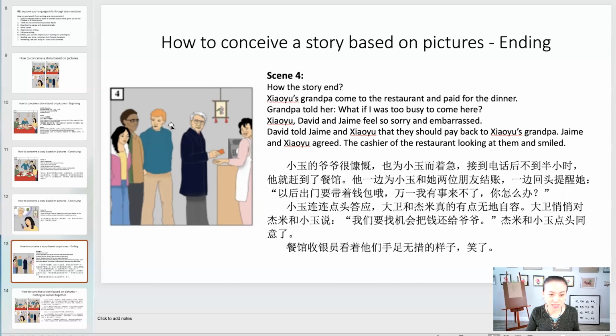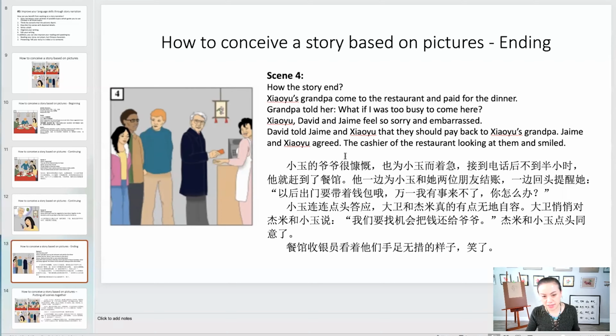And David, like he's saying something. So David told Jaime and Xiaoyu that they should pay back Xiaoyu's grandpa. Jaime and Xiaoyu agreed. And then the cashier of the restaurant looked at them and smiled. She's smiling. So this is what we see in this last picture.